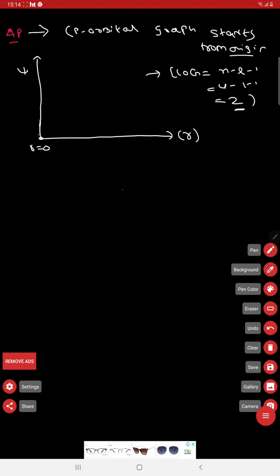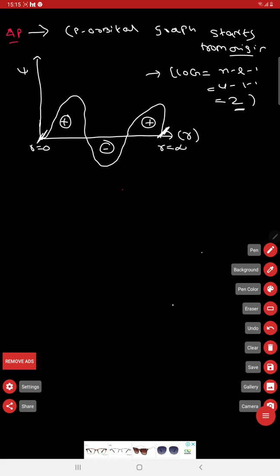Now how to do it? This is r equal to infinity. I have told you that you should not count r equal to 0 and r equal to infinity.